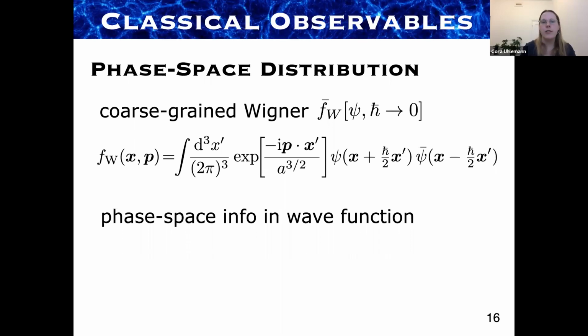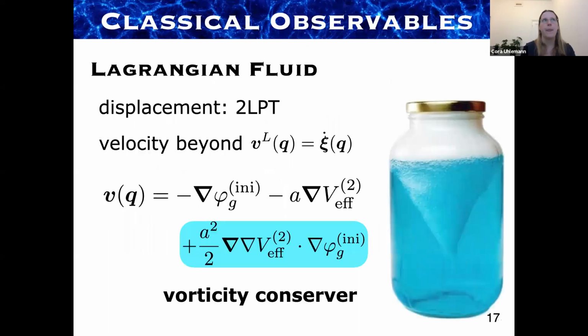And the crucial point is not really the expression, but that all phase space information is in the wave function. In particular, based on this phase space distribution, I can read off both Lagrangian quantities like the displacement and Lagrangian velocities, but similarly one can determine Eulerian quantities like the density and velocity.